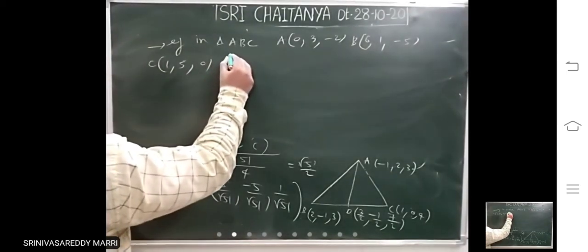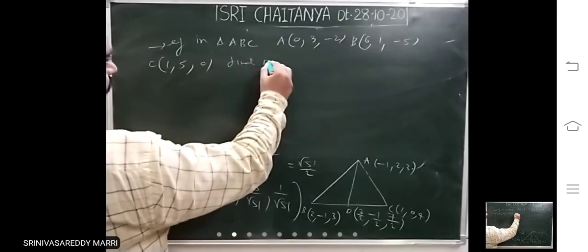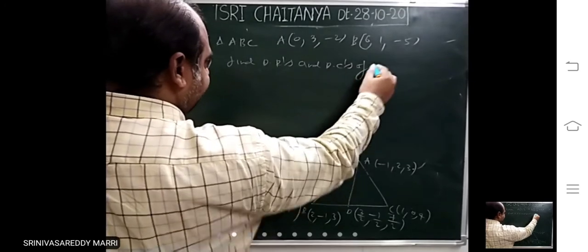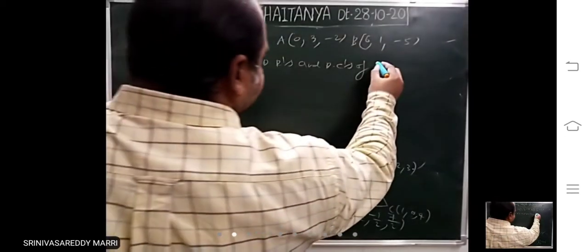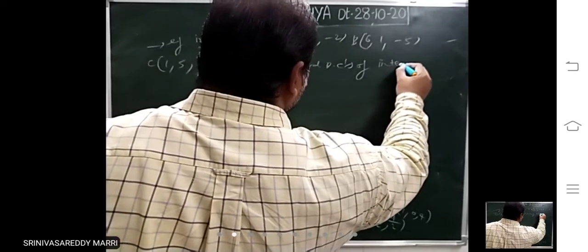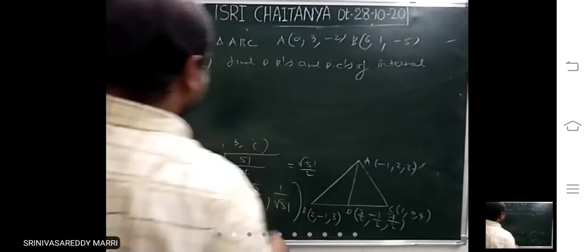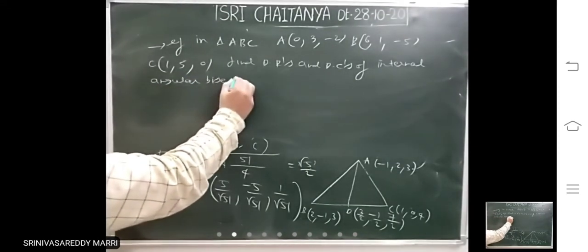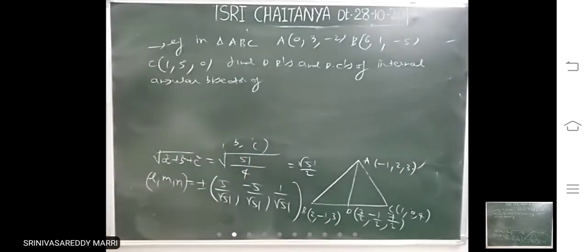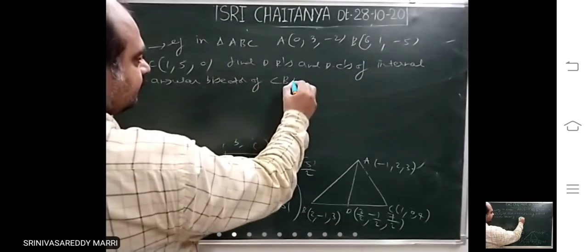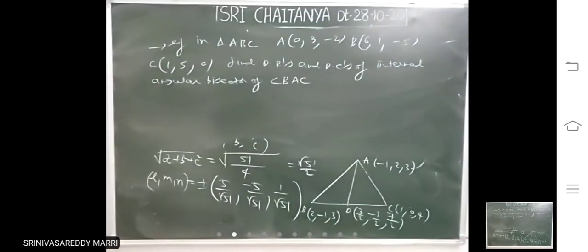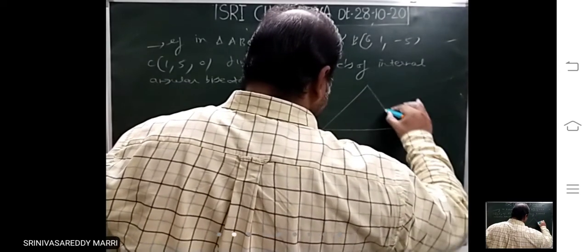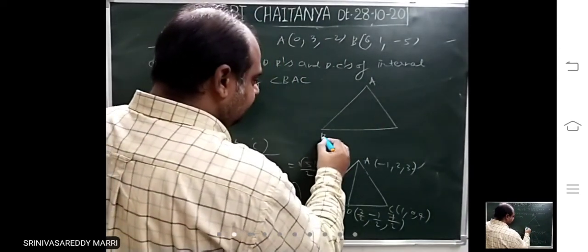So find the DRs and DCs of the internal angular bisector of angle BAC. Suppose it is asked like this. Look, there is a triangle given like this. So A, B, C.